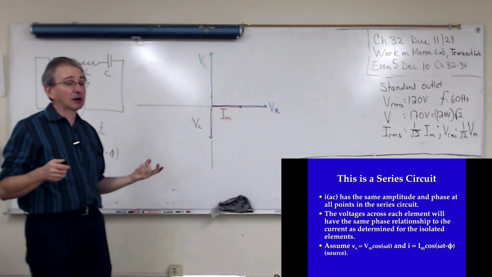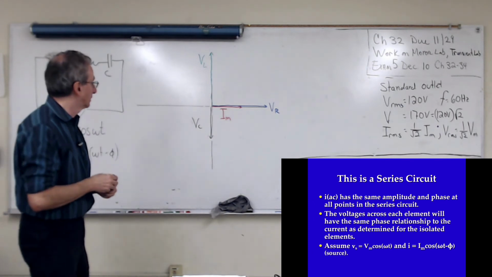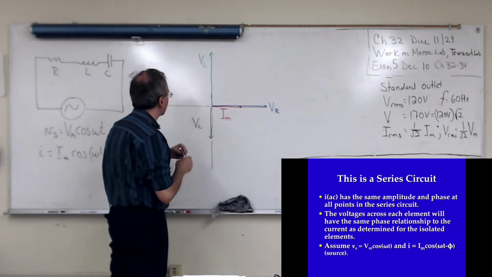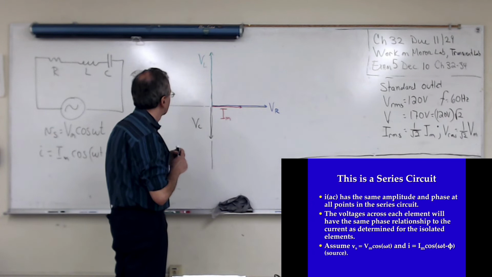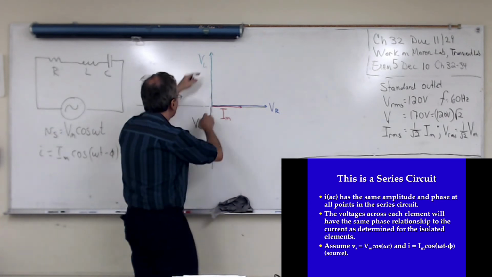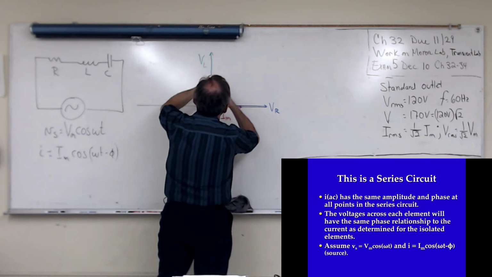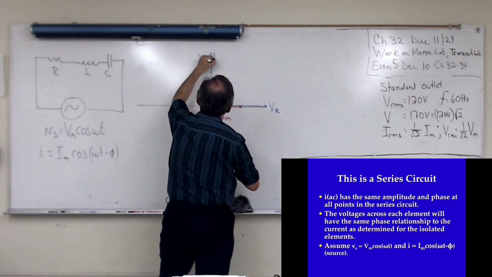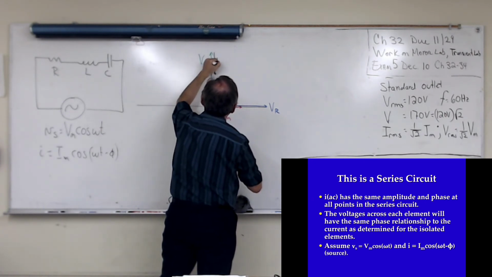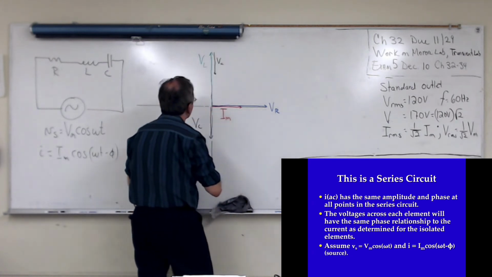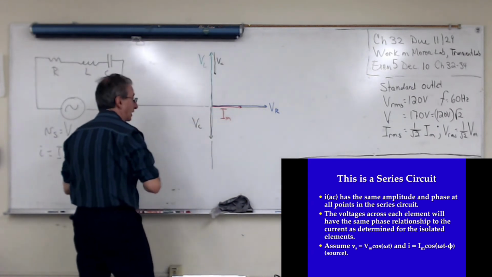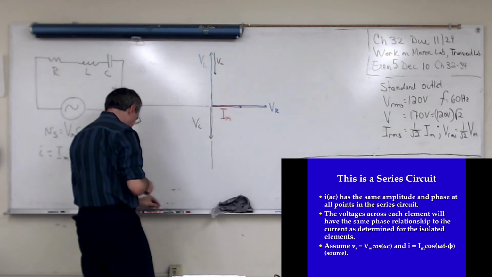And really what I'm doing is adding vectors. These two are 180 degrees out of phase. So the difference between these two, let me draw this up here. Then I use the parallelogram method.